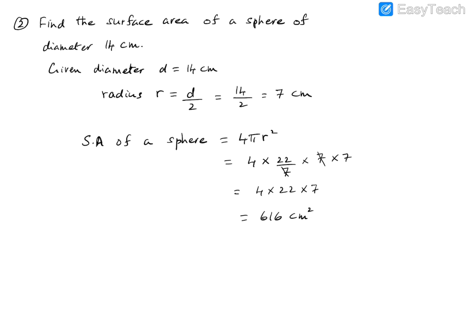We just have to apply the value of the radius in the formula for the surface area of the sphere. Of course, the radius was given indirectly by specifying the diameter. From the diameter we calculated the radius by dividing the diameter by 2. This is known to us, and from that we calculated the surface area of the sphere.